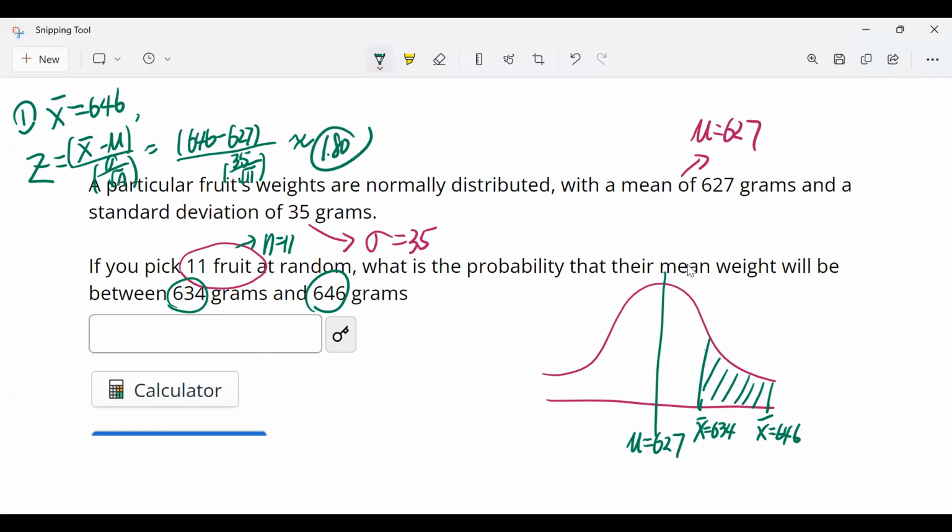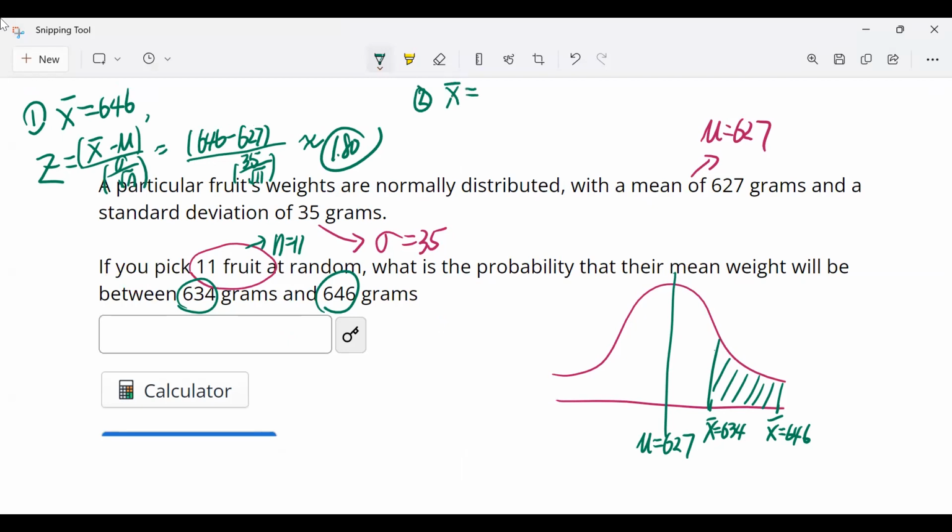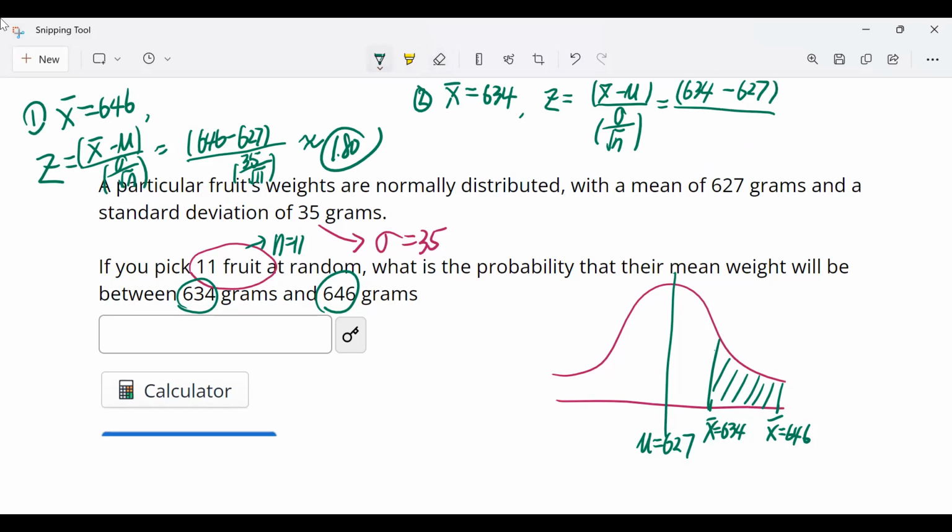Now we're going to use the smaller average weight, right? Which is 634. Now the z-score is the sample mean minus the population mean, over the standard deviation over square root of sample size. Now one more time we plug in the numbers: 634 minus 627 over 35 over square root of 11.